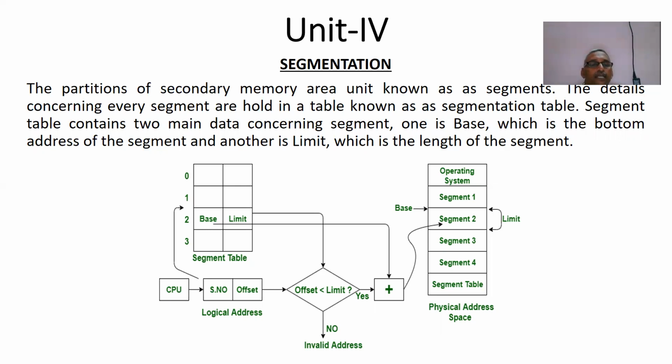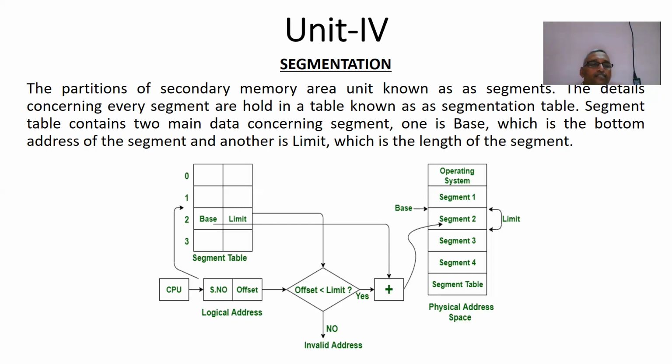In segmentation, secondary and main memory are not divided into partitions of equal size. The partitions of secondary memory are known as segments. The details concerning every segment are held in a table known as the segment table.